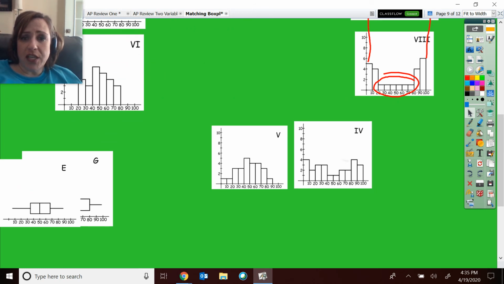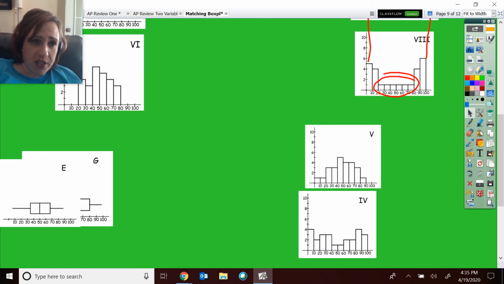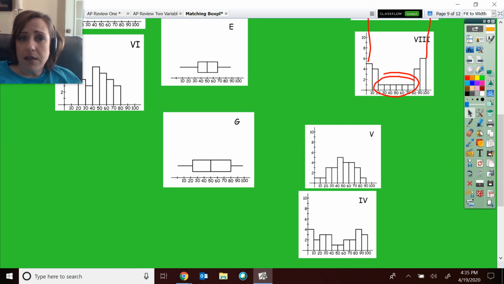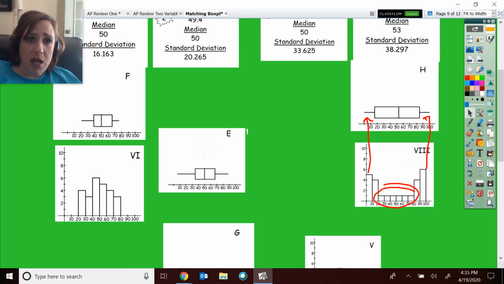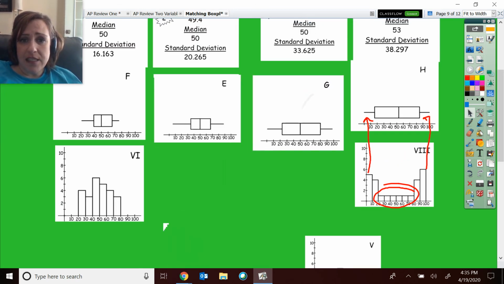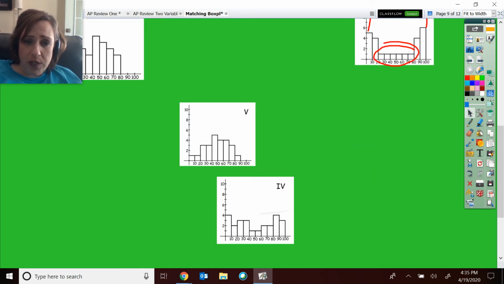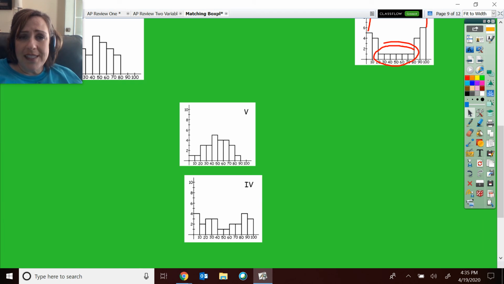Now let's take a look at these, which are a little bit harder to tell. Between these two box plots, which one do you think is smaller spread? I'm going to say this E. So of these two, the box plot with the smaller spread is E, so G goes there. All right, now of these two histograms, which one is the smallest spread?